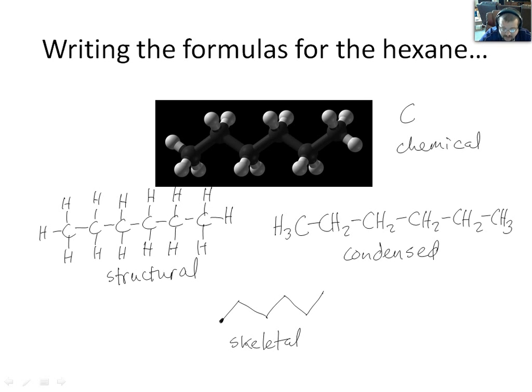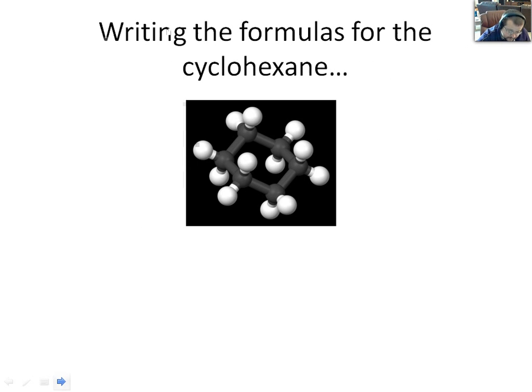I had 6 carbons. If you count on this picture, the darkened spheres I have 6 of, and the lighter spheres represent the hydrogens. I've got 14 of those. So really 4 representations. I've got a chemical structure, I've got the structural formula, I've got the condensed formula, and I've got the skeletal formula.